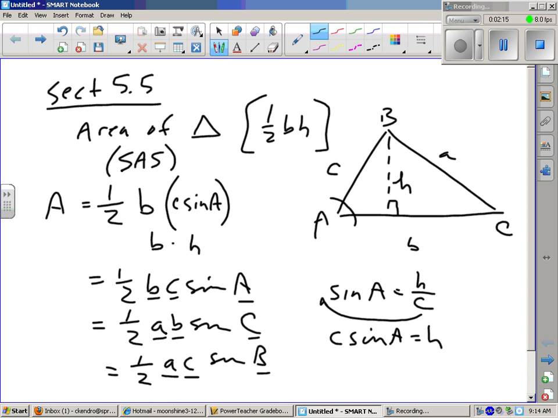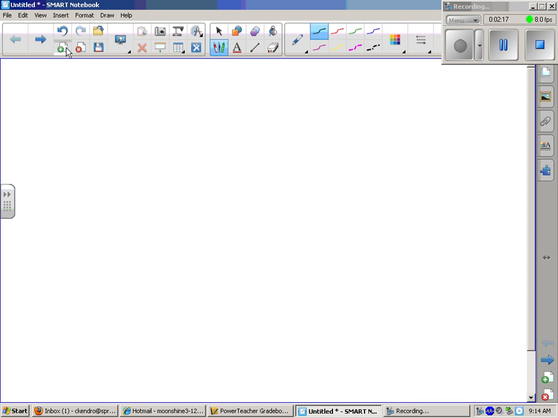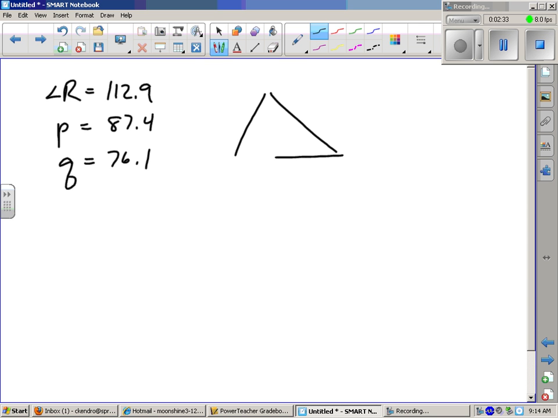All right, so let's try one of these. It's fairly straightforward. Let's say I have angle R is 112.9, side P is 87.4, side Q is 76.1, and I want to find the area to the nearest tenth. So R, P, and Q, let's make sure we have side angle side, so we have 112.9. Side P is down here, 87.4, and side Q is 76.1.